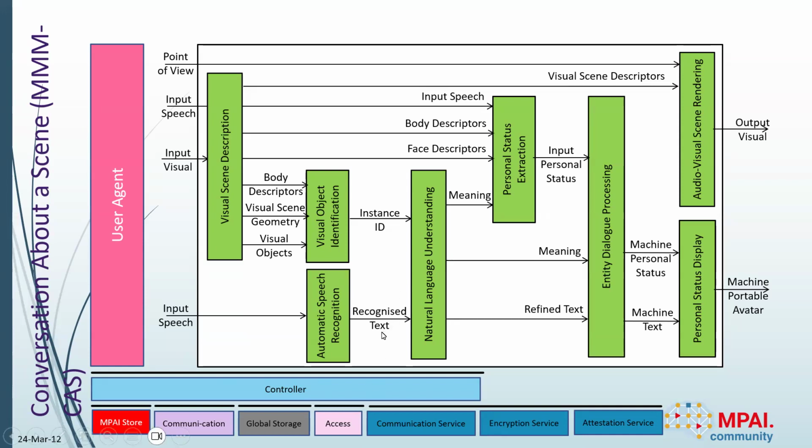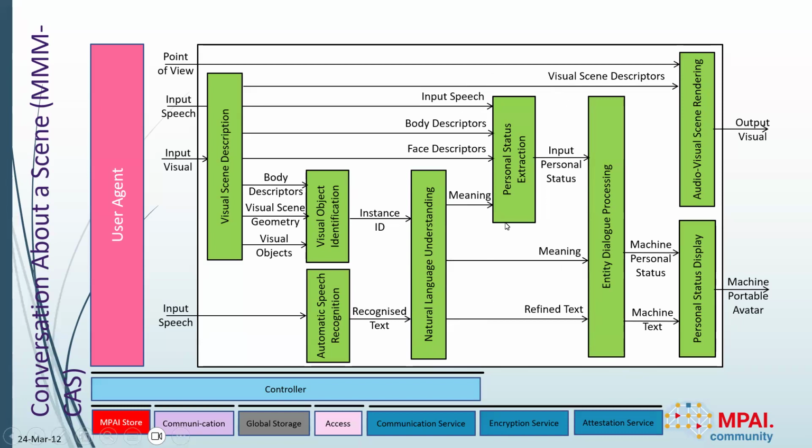So the machine has the text that has been uttered by the human, but we also have information about a particular object. Therefore, this information is used by this module here that is called natural language understanding, that produces the meaning and also refines the text if that was needed.